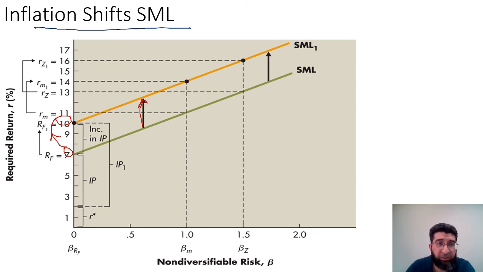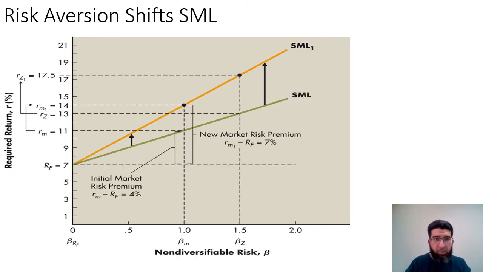This is one of the special cases of the security market line, where we have to take into account shifts in the line. Now risk aversion, as we saw before, is about the type of investors who expect high risk, high return.